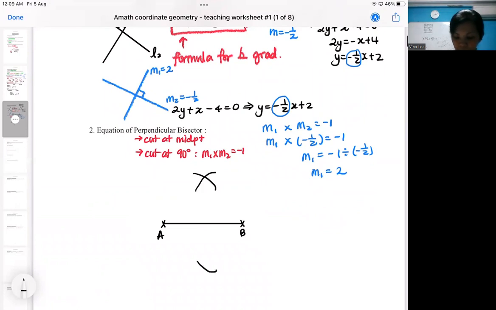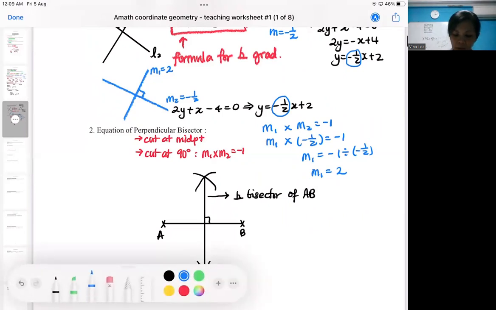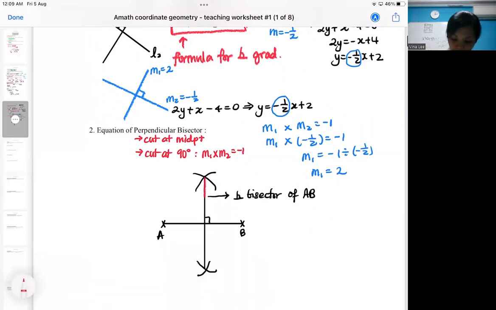You did something like this, remember? That one is your perpendicular bisector. This is called the perpendicular bisector of AB. In Sec 1, you constructed it. Now in Sec 3, your job is to get the equation.